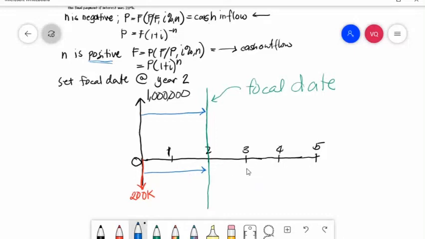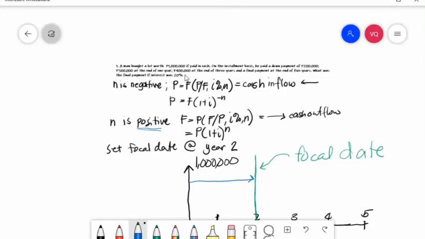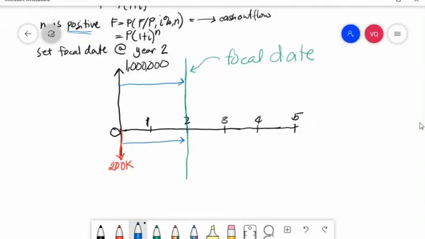And another one, we have interest here, and the man gave money at year 3 equal to 400,000. So our 400,000 is here.